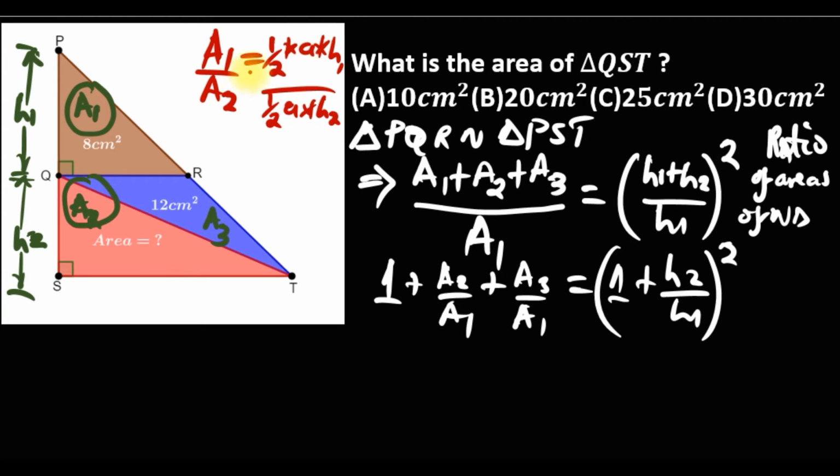So the ratio of their areas will be the same as the ratio of their heights. And if they have the same height, the ratio of their areas will be the same as the ratio of their bases. That's what I'm going to use here.